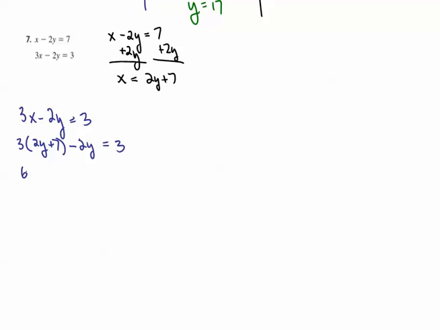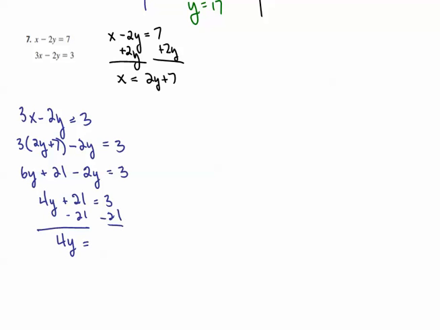Distribute, I get 6y plus 21 minus 2y equals 3. First, I'm going to combine like terms. 4y plus 21 is equal to 3. Subtracting 21 on both sides, I'm going to end up with 4y is equal to negative 18.